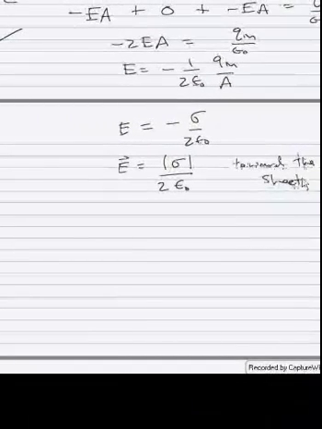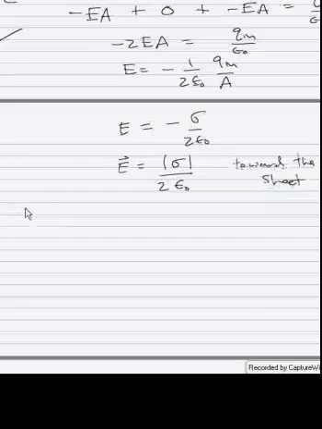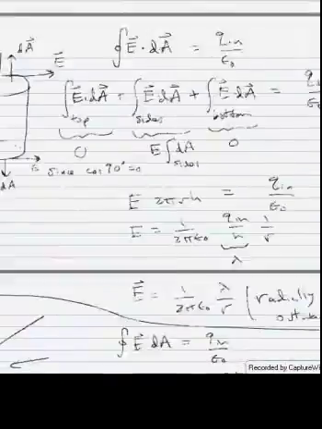Now we need to know when is the electric field 0. So the condition we're looking for is the electric field for the line has to be equal and opposite the electric field for the sheet. Or we can pick the region based on our drawing we did at the start of the problem.